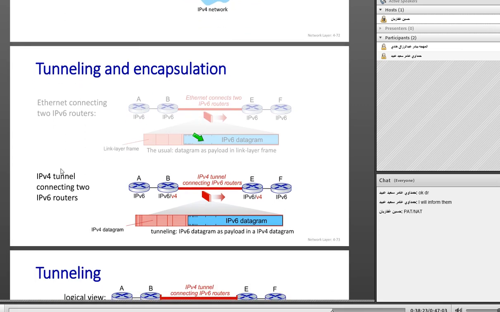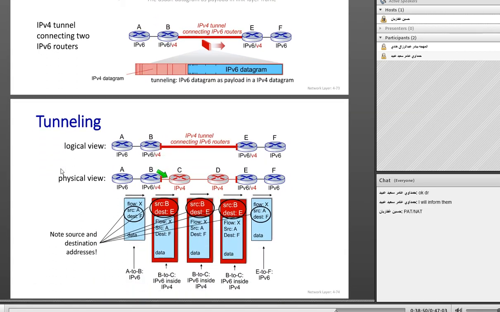And here you can see this tunneling happens between B and E. So B and E must know everything about IP version 4 and IP version 6 to create that tunnel.